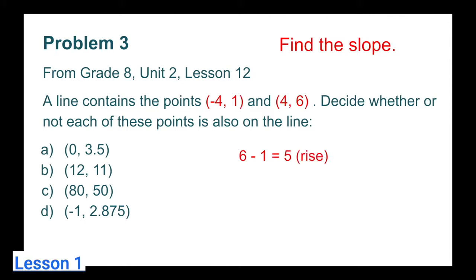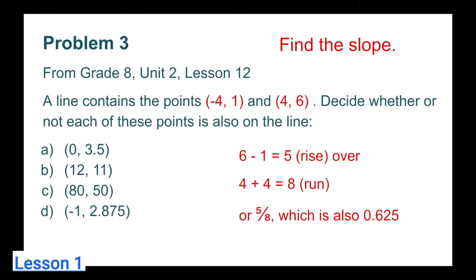The difference in the y value represents the rise of the slope. 4 minus a -4. That's the difference of the x values. 4 minus a -4 is the same as 4 plus 4. And 4 plus 4 equals 8. That's the run. So the rise over run would be 5 over 8, or 5/8.